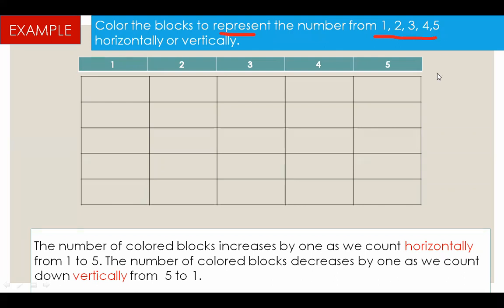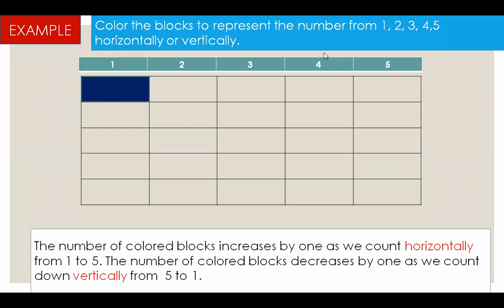We are going to color some of the blocks that represent the numbers from 1 to 5, horizontal or vertical. Now let's start and color the blocks.